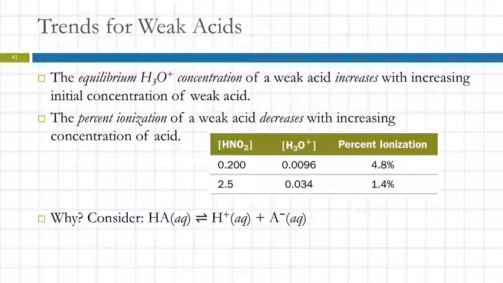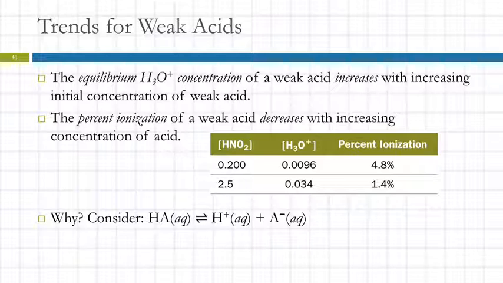So there are some trends that we can observe for weak acids. The equilibrium hydronium ion concentration is going to increase with increasing initial concentration. That should make sense. You put more acid in, you're going to get more hydronium ions.